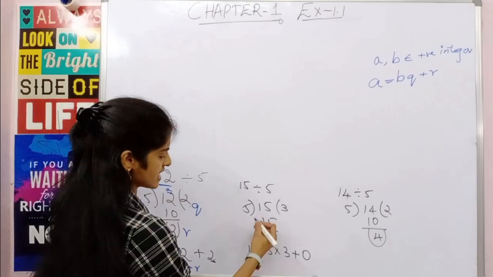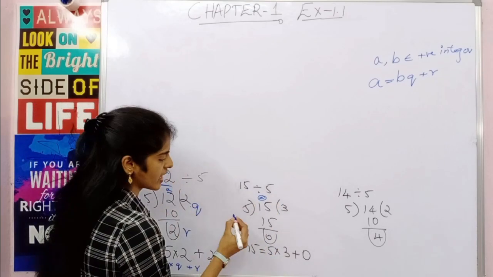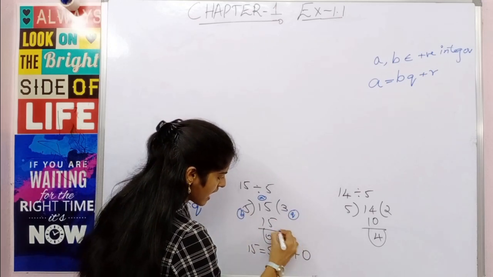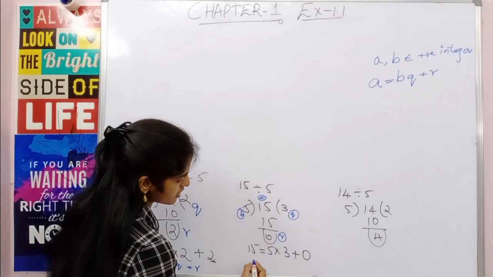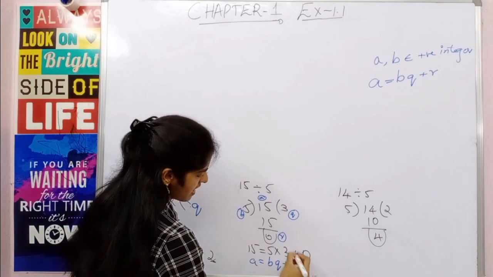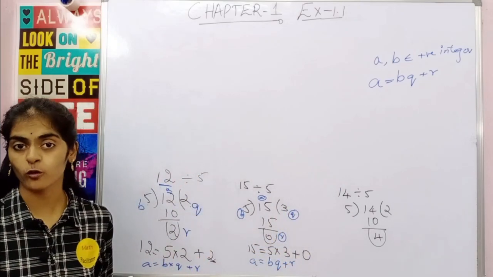In this case also just check. If you take this dividend as A, divisor as B, quotient as Q and remainder as R, you can see A is equal to BQ plus R, right. Here also you can see the same relation holds good, okay.